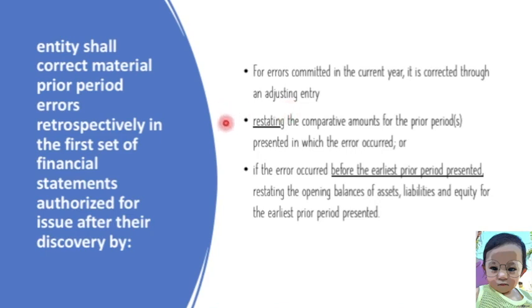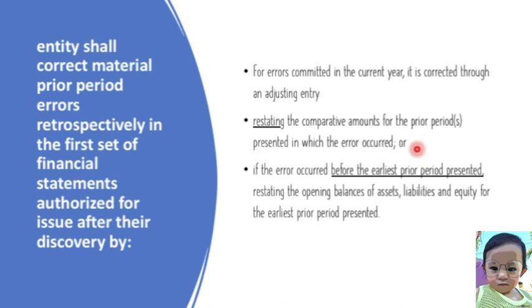Now, for errors committed in the immediately preceding year, you're going to restate the comparative amounts for the prior period presented in which the error occurred. So, for example, your financial statement covers the year 2020. As required by PAS 1, you are going to disclose comparative information.